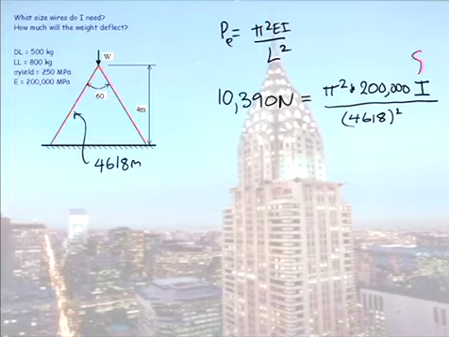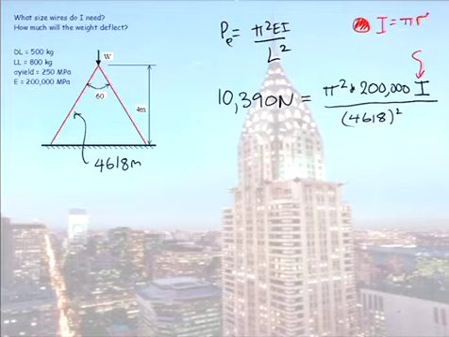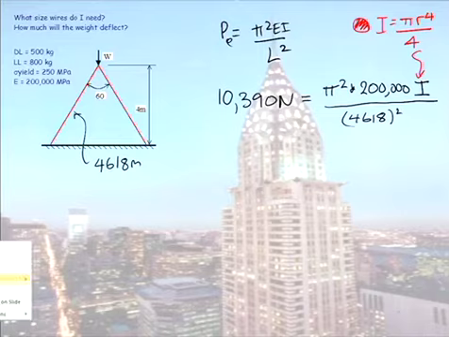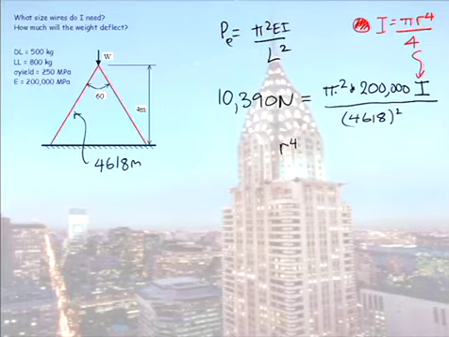So the I value here for a circular section is equal to pi R to the fourth on 4. So I substitute that value in there, and when I do so, I get, so this term on the right here, this is my acting force.